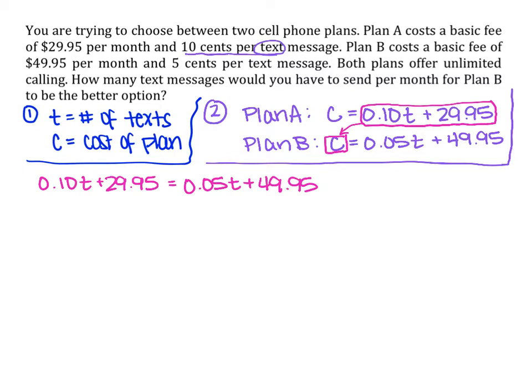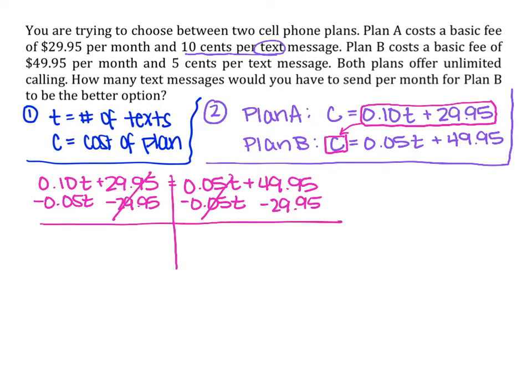If I go ahead and get my variables on the same side, I'm going to subtract the 5 cents per text message, and I can go ahead right away and subtract the $29.95 to get my constant to the other side. So then I have the 5 cents that are different for each text message in the two companies.